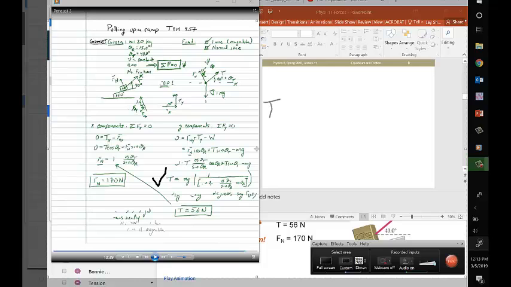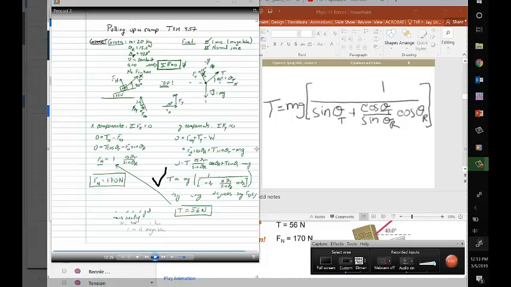So T should be equal to mg times the quantity 1 divided by sine theta t plus cosine theta t divided by sine theta r times cosine theta r.